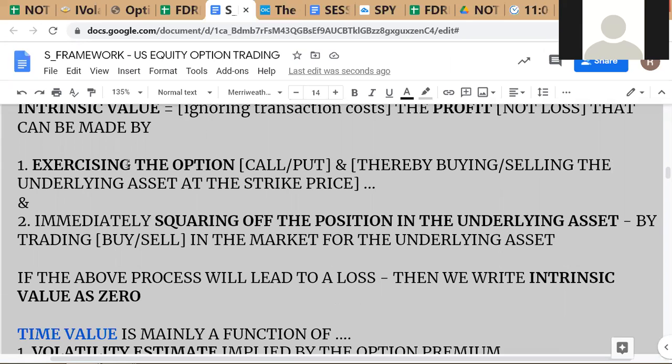Exercise the option, which means you end up with a position either long or short. If it's a call, you have a long position. If it's a put, you end up with a short position, which happens from the exercise of the option. Then step 2, immediately square off that position in the market for the underlying asset by doing the opposite transaction, obviously. If by doing step 1 and 2 you make a loss, then you write IV as 0.